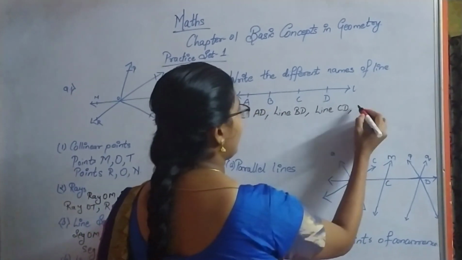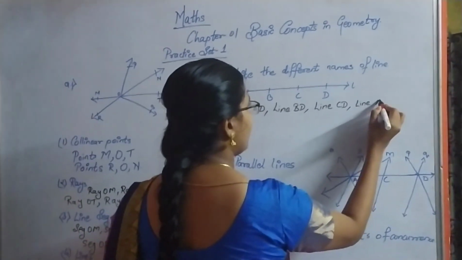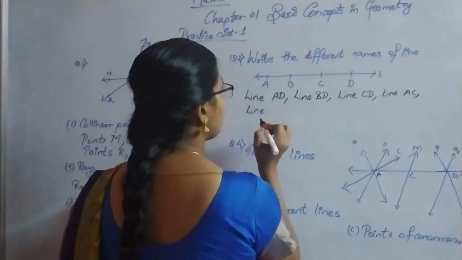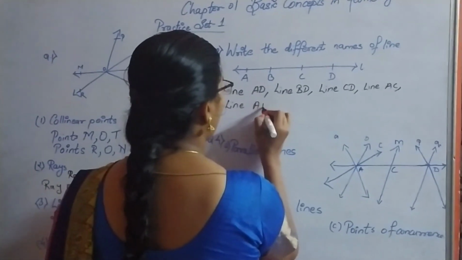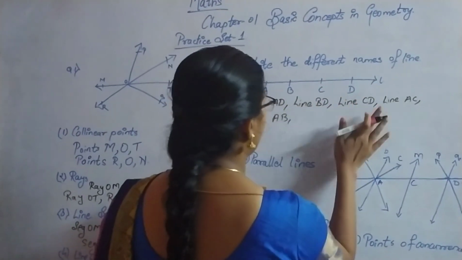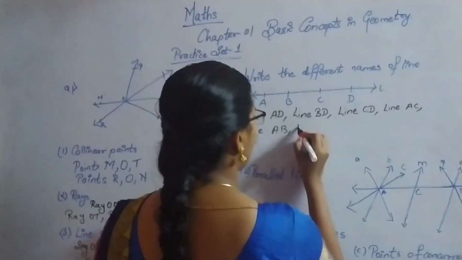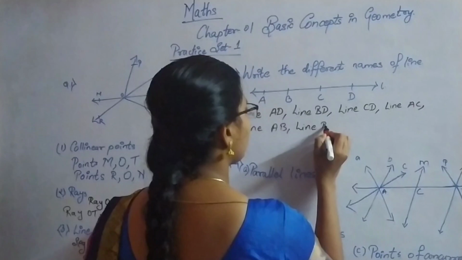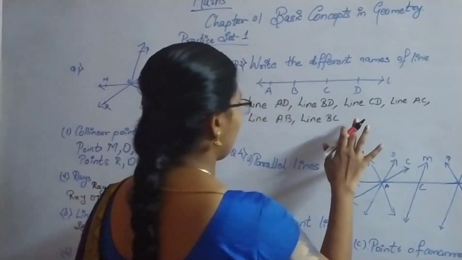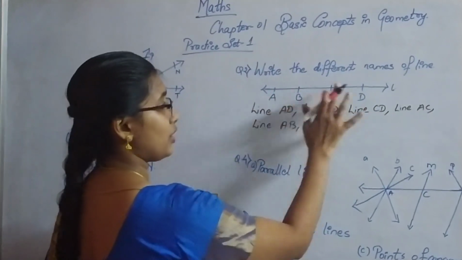Now if I take A and C, line AC. Next, I can take AB. Now AB is done, AC is done, AD is over. Next, BC I can take, and BD is done, and CD. So these are the lines which I have from using these points.